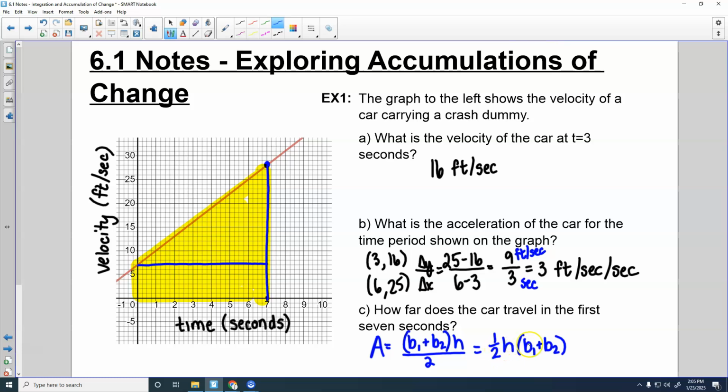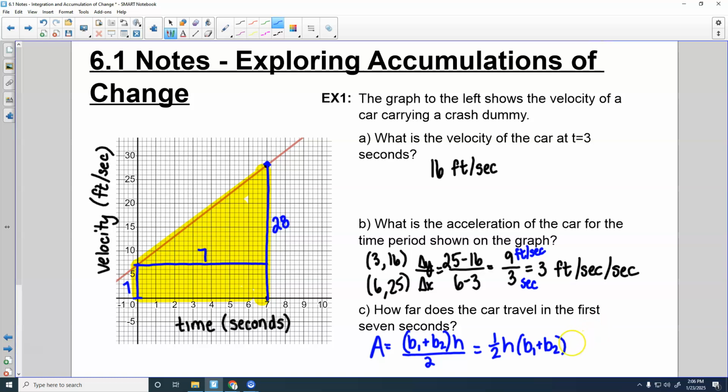So in this case, your bases are your parallel sides. So this right here would be a base. It would be 7. This over here, what is that, 28? I think that's 28 right here. Your height is, this trapezoid's kind of turned on its side. The height right here is actually 7. Right, that would be our height there.